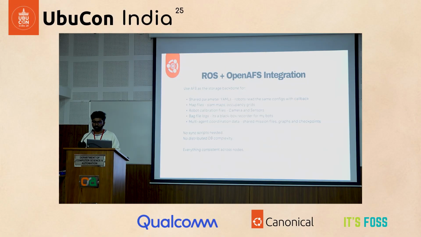ROS plus OpenAFS integration. There are shared parameter YAML files that the robots read, the same config with callbacks. There are map files, SLAM maps, and occupancy grids. Bag file logs are basically a black box recorder for my bots.